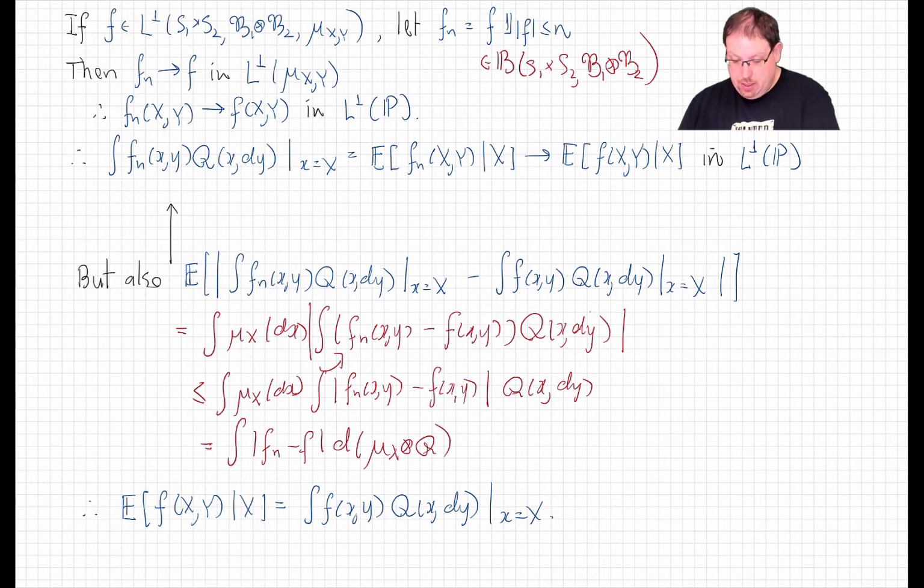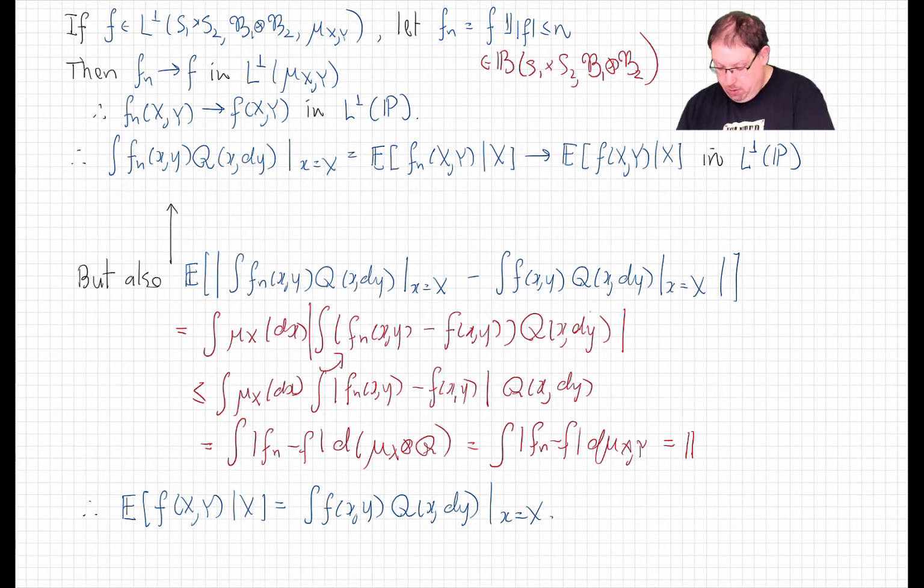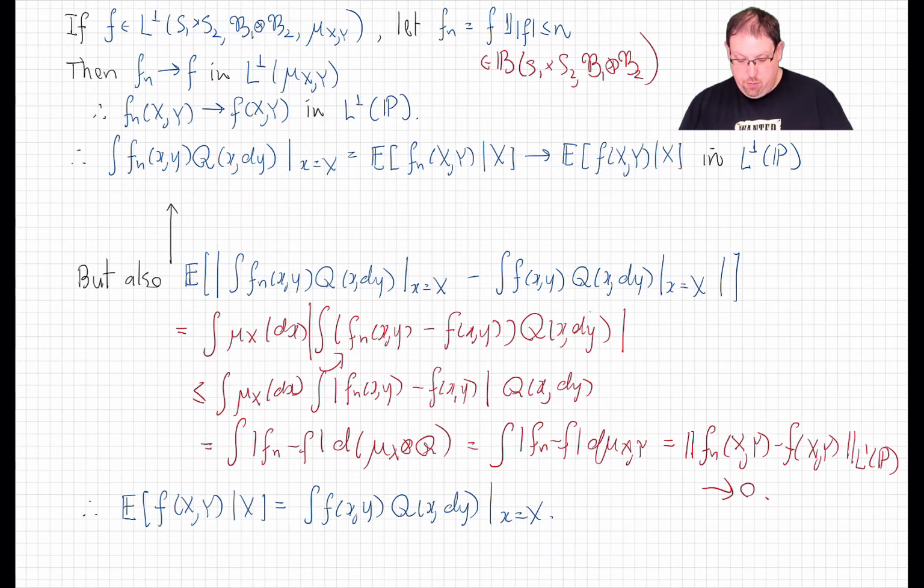Our assumption in the theorem is that this product is the joint law. So that's the integral of fn minus f d mu xy. And one more application of the change of variables theorem says that that is nothing other than the L1 norm of fn of xy minus f of xy in the original measure p. And we know that that goes to 0. Therefore, we have proved our formula for general L1 functions f.